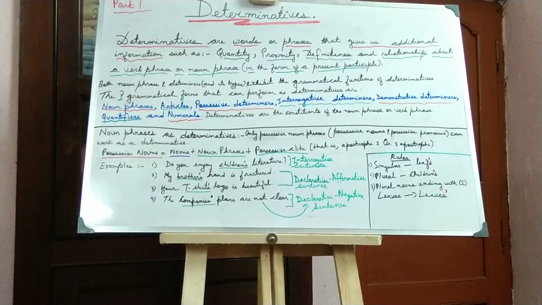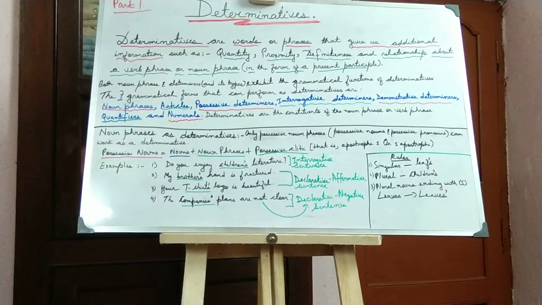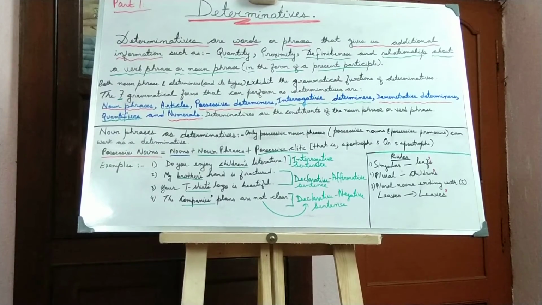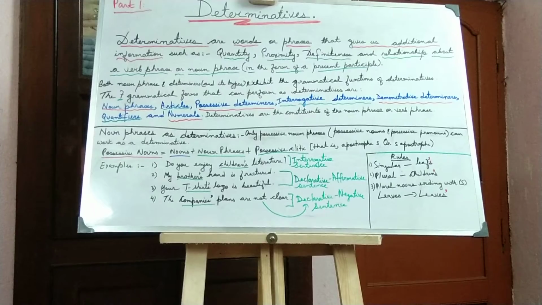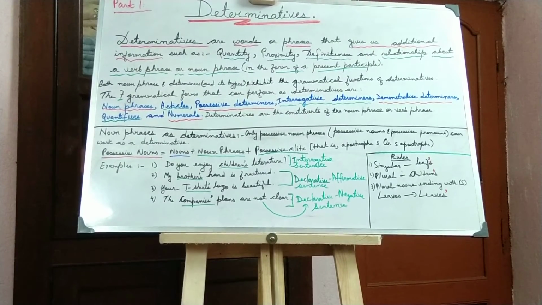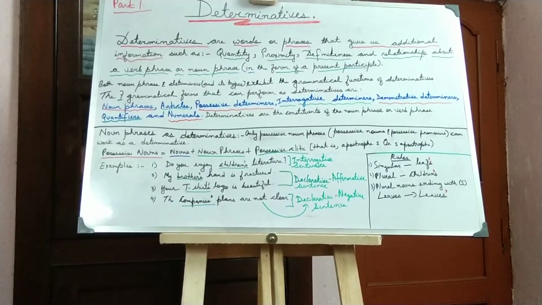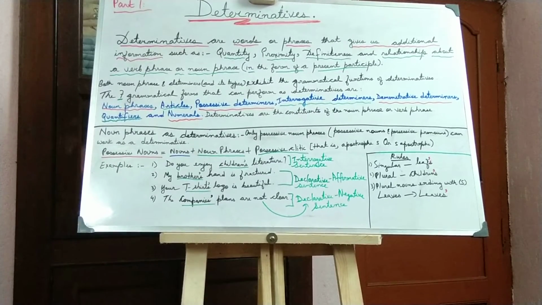Number 2, my brother's hand is fractured. It is a declarative sentence. Here the possessive noun is brother's. Number 3, your t-shirt's logo is beautiful. It is a declarative sentence, and here the possessive noun is t-shirt's. So numbers 2 and 3, along with being declarative sentences, are positive sentences, which are also known as affirmative sentences.